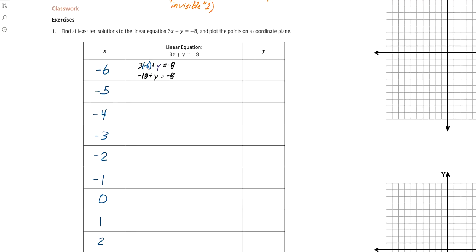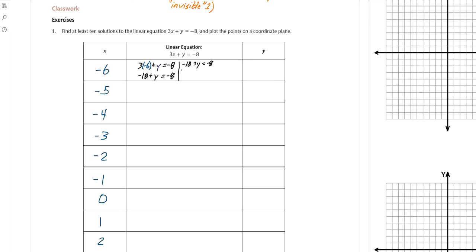The way you could figure this out is you could add 18 to both sides. I'll show you the little bit of work up here. So we could do -18 plus y equals -8.